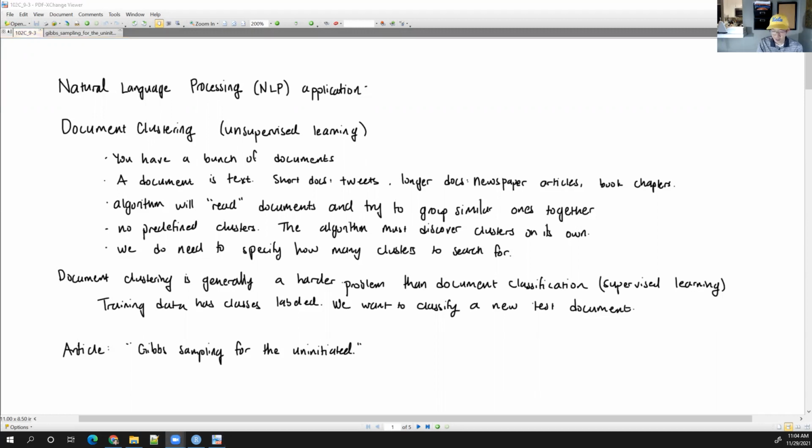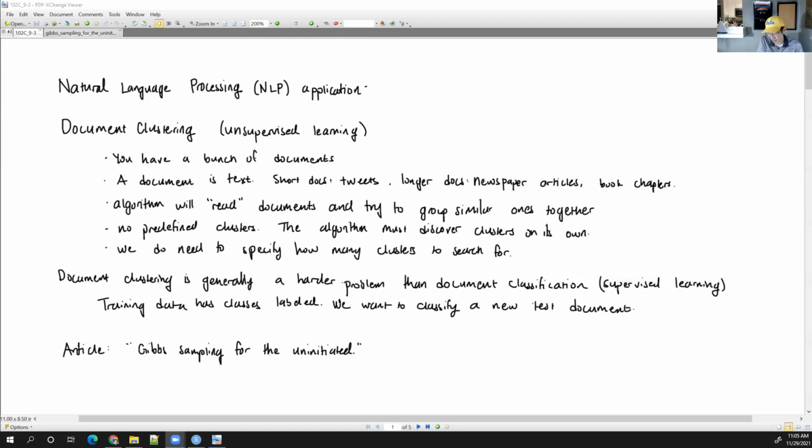So the idea here is, imagine getting a bunch of documents, and you read through them, and you want to start making different piles. One pile's about this topic, one pile's about another topic, one pile's another topic.